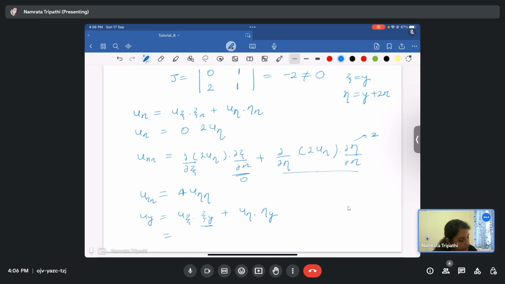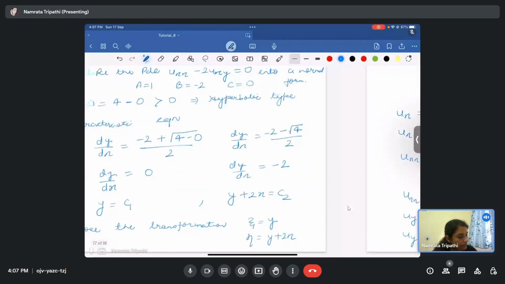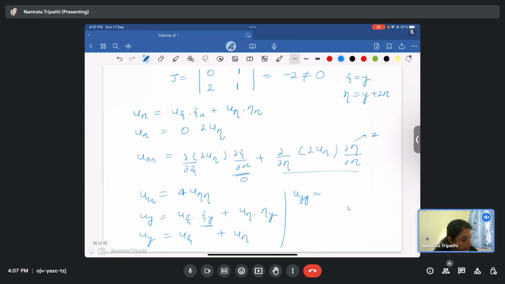Xi of y is 1 and eta of y is also 1. Now, what is the value of u of x? Because the expression doesn't contain y, there is no need to calculate u of y.